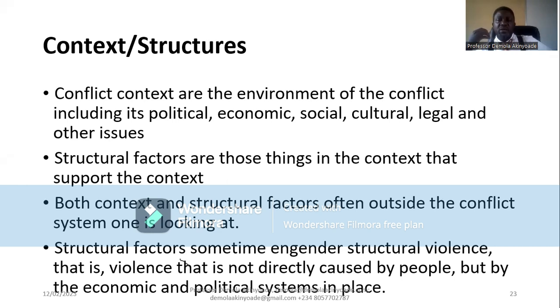Within this context, we have structural factors, that is, things in the context that support the context. Also, both context and structural factors are often outside the conflict system one is looking at. In other words, the context and structures may go beyond the immediate boundaries of that particular conflict.